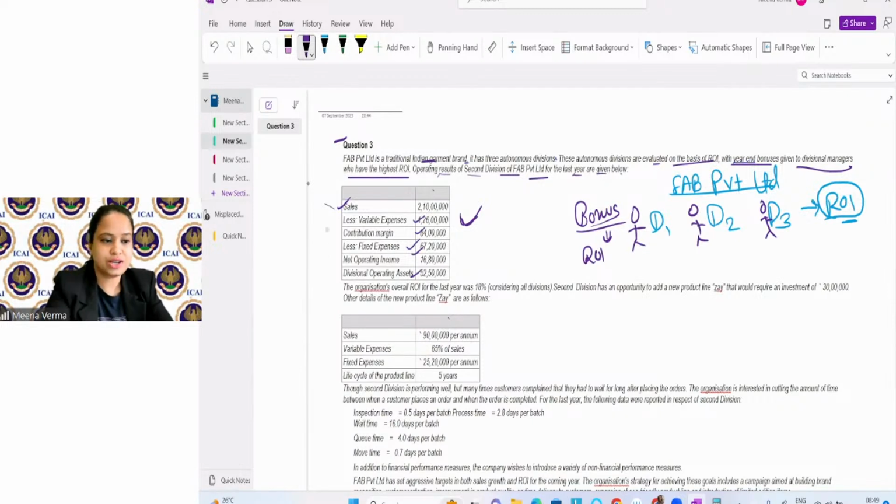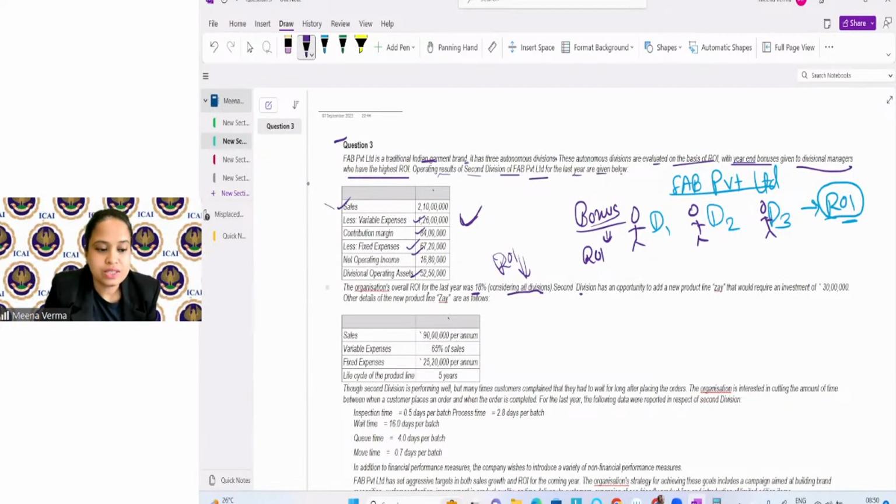These informations are given here, right? What else do we have? The organization's overall return on investment for the last year was 18%, considering all divisions.